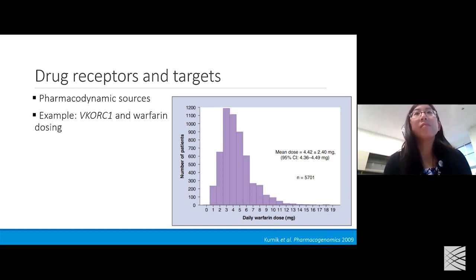And the other is, I was under the impression that with clopidogrel, a number of studies with the CYP variants in fact later on did not show clinical effects. Is that the case? Right.